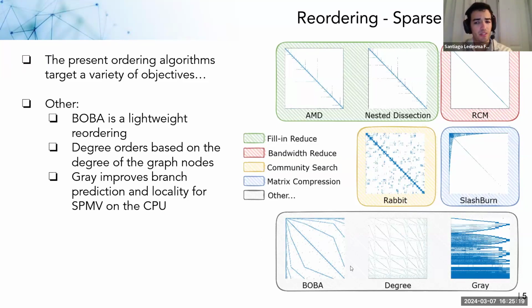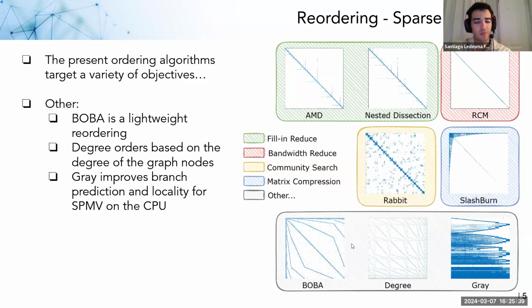And then we have other algorithms that have not so specific objectives, such as Boba, which is a lightweight reordering. And what Boba does, it balances the quality of the final permutation with a faster reordering speed.